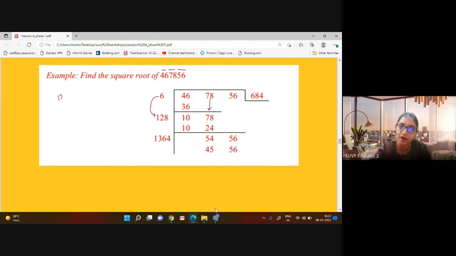It means 128 into 8. 8 eights are 64, 8 twos are 16, 16 plus 6 is 22, 2, 8, 1, so 1024 would come. So we will get 54 as the remainder.